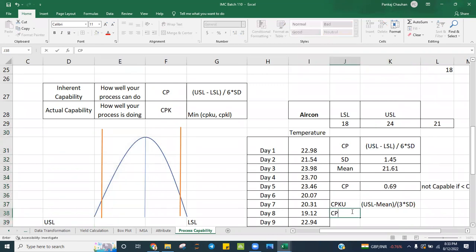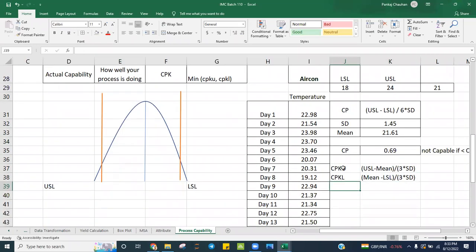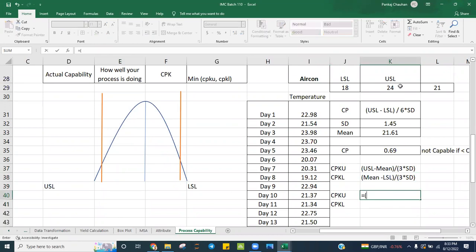CPKL is your mean minus LSL, divided by 3 times the standard deviation. If we calculate CPKU and CPKL as per this data, my CPKU will be USL 24 minus average 21.61, divided by 3 times the standard deviation, which is 1.45 into 3.